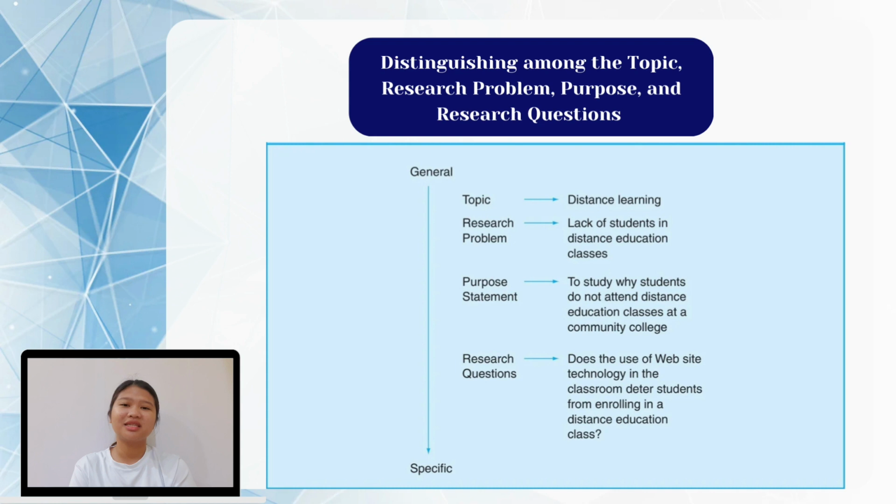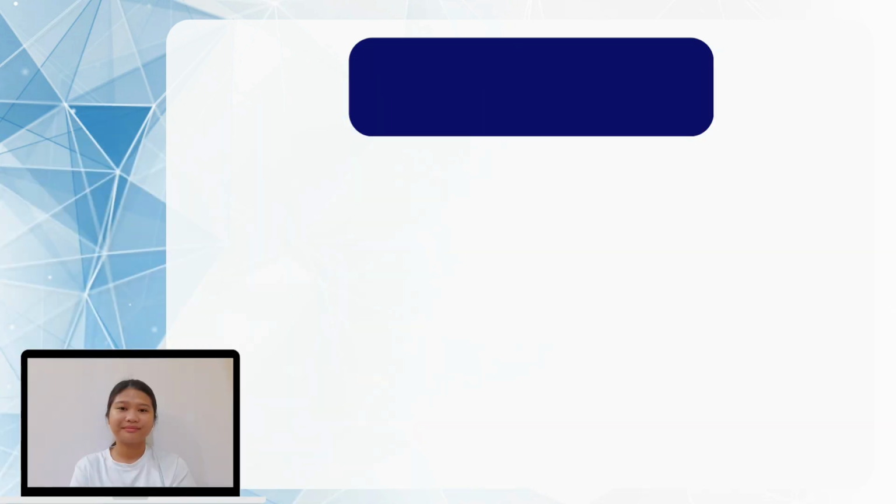To study this problem, our educator then reformulates the problem into a statement of intent, also known as the purpose statement, which is to study why students do not attend distance education classes at one community college.